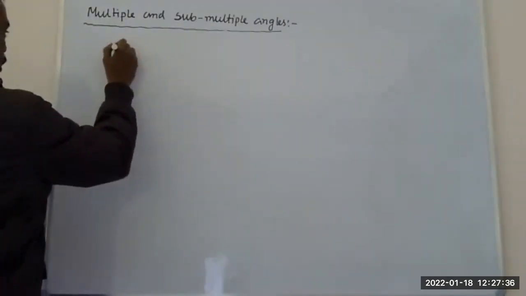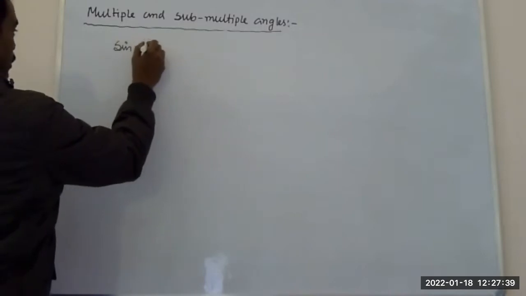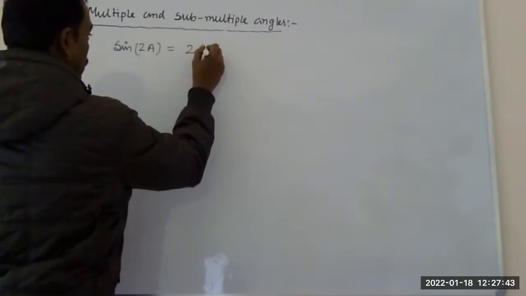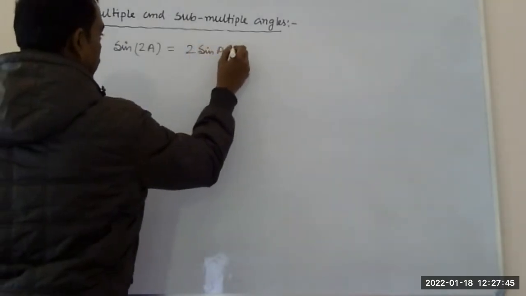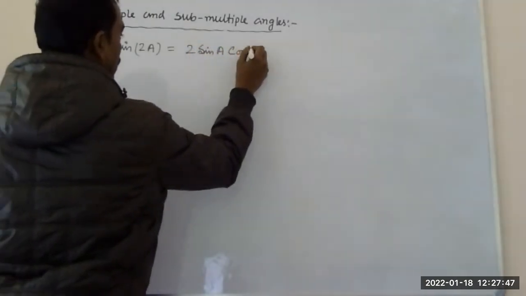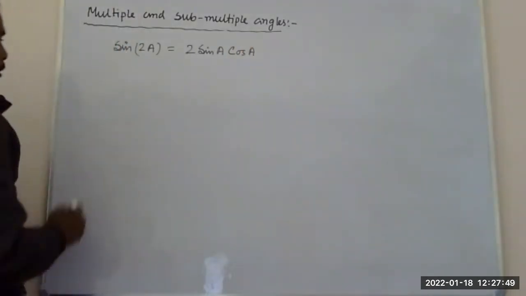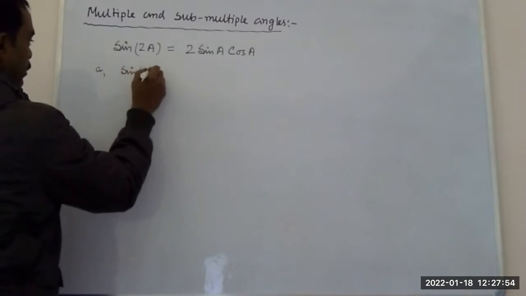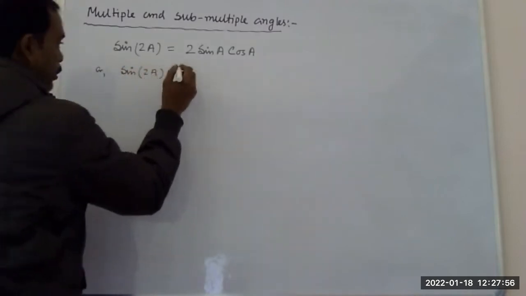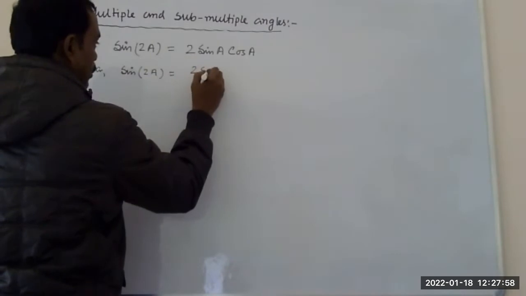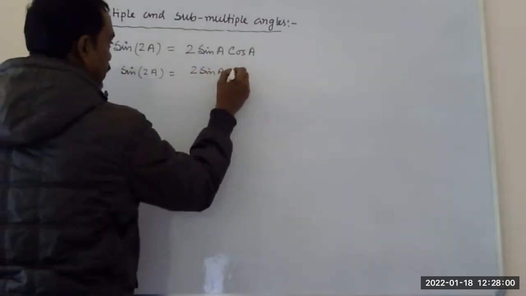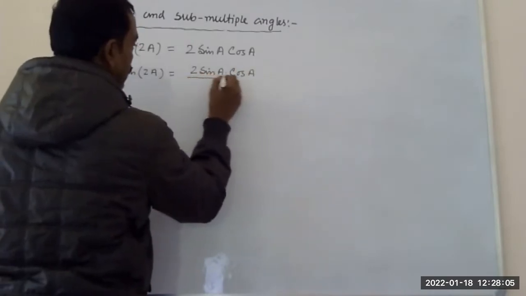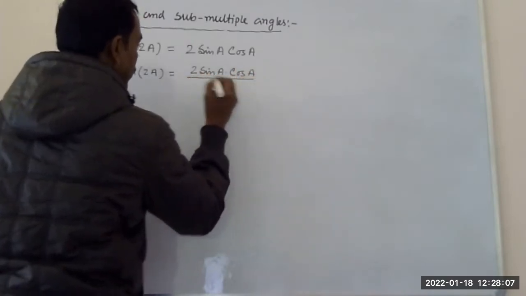So the formula of sin 2A was 2 sin A cos A. Or the sin 2A can be written as sin 2A is equal to 2 sin A into cos A divided by 1.